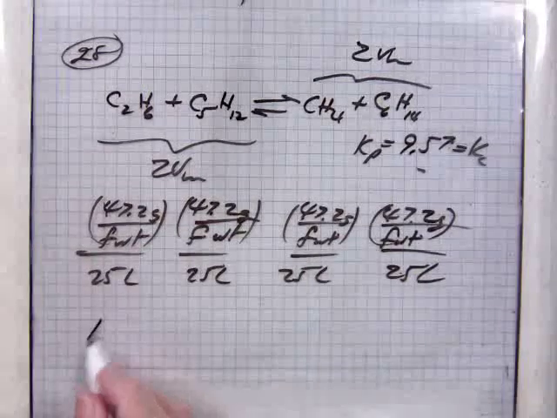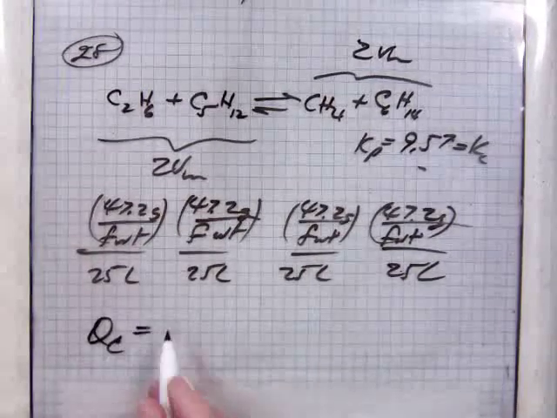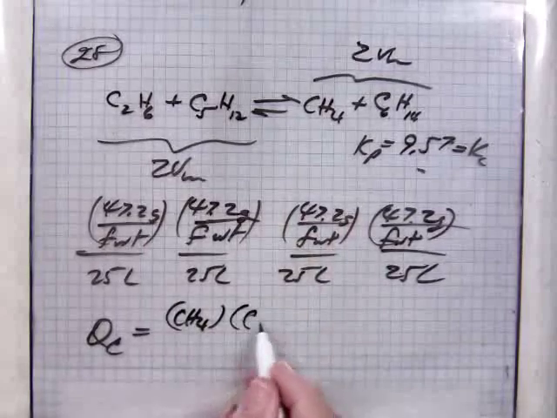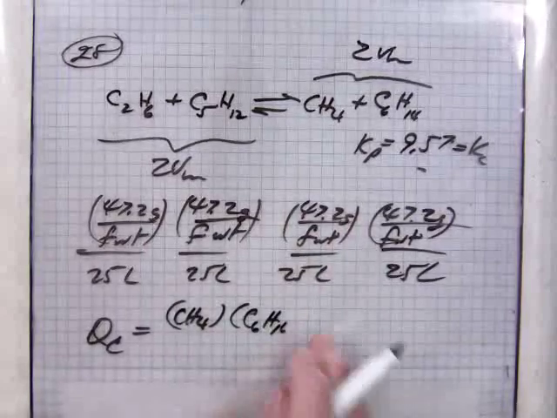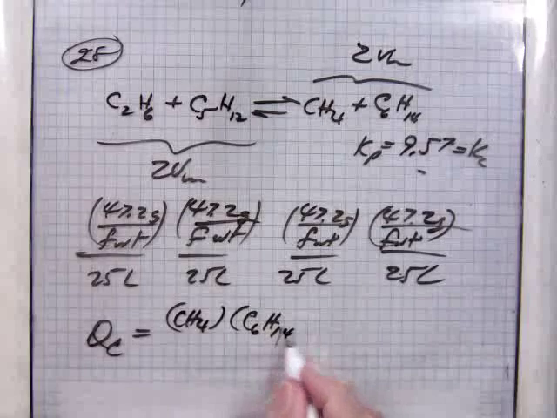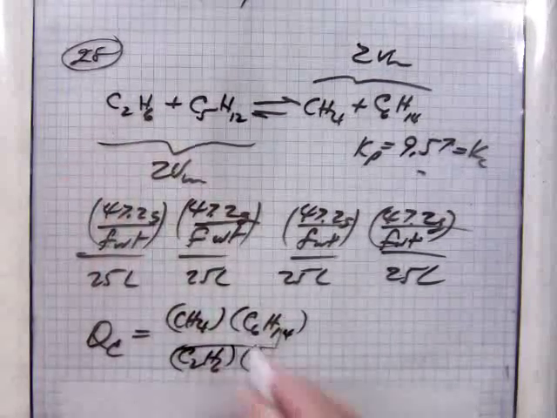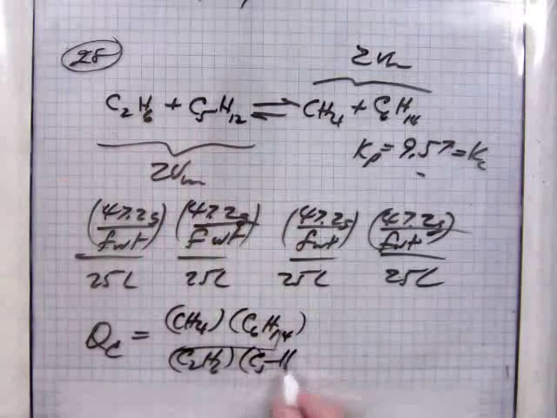Then you can get the Qc value, which is CH4, C6H14 over C2H6, C5H12.